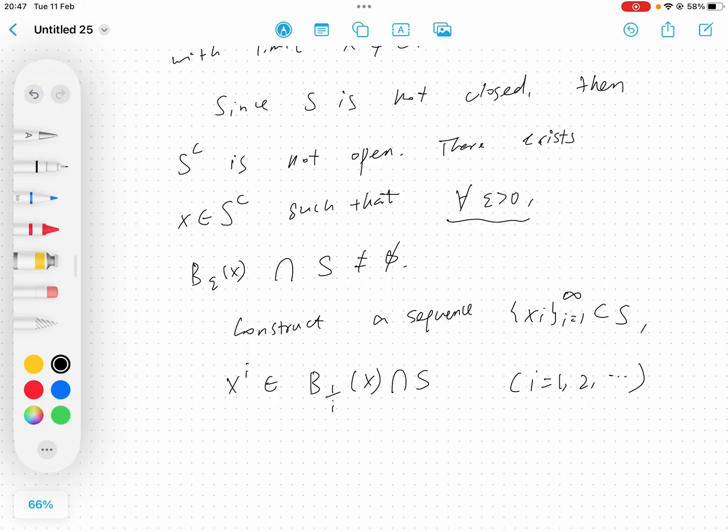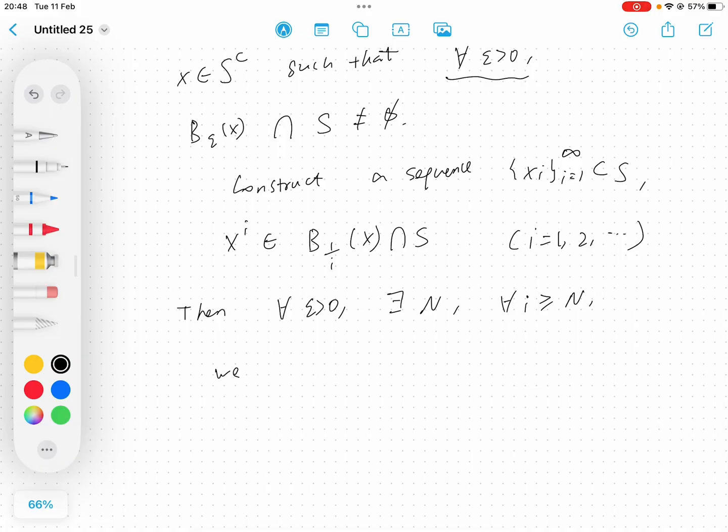And then what we have next: for any epsilon, there must exist some number, capital N, such that for any i greater than or equal to N, we have the Euclidean distance between xi and x smaller than this number epsilon.